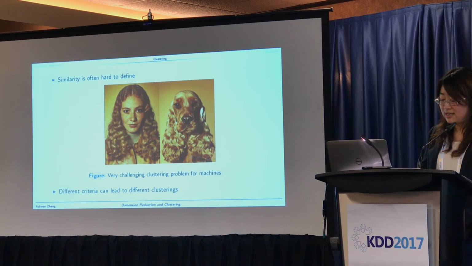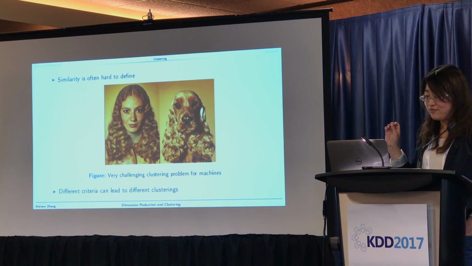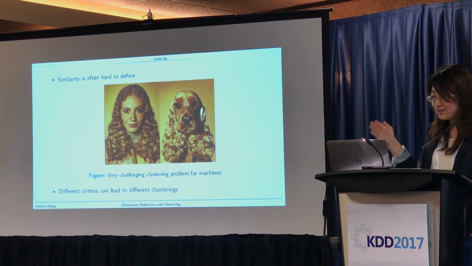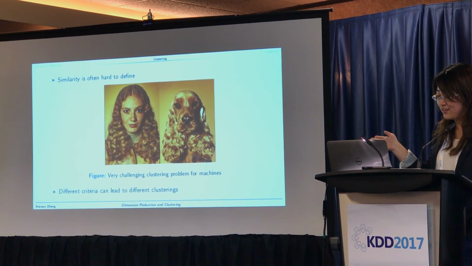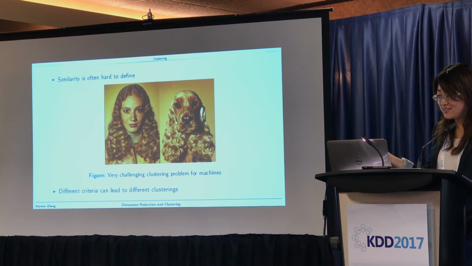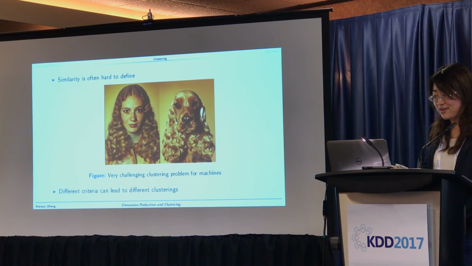Defining similarity is often subjective. I already see people laughing at this one. Some people will think, oh, those 2 actually are similar in terms of the hairstyle and the color, but people are laughing or thinking it's kind of ridiculous to talk about similarity between a dog and a person.